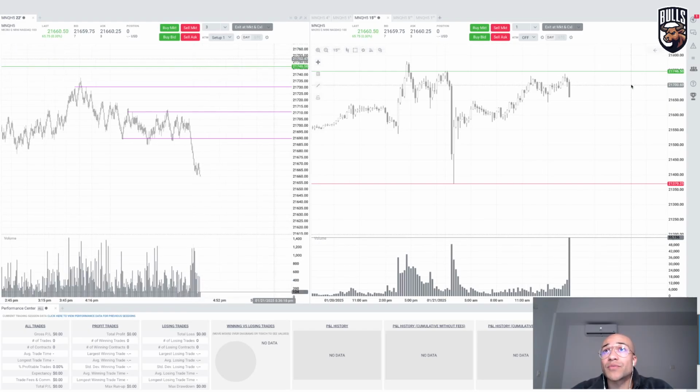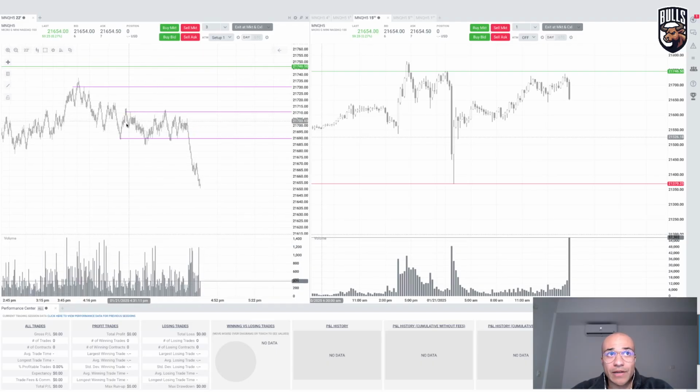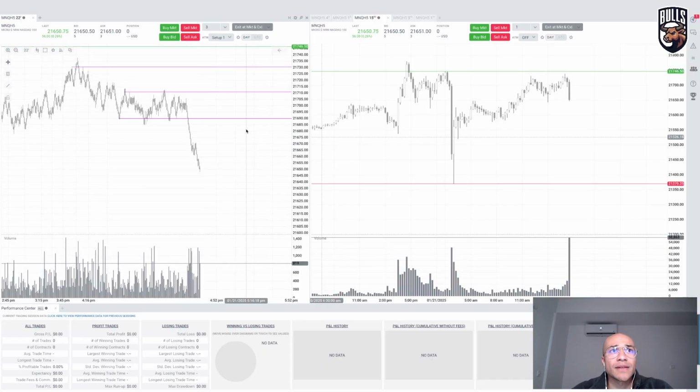Then we have 700, which is obviously an important level, which we clearly rejected here, and we broke down through the 90s into the 50s right now. Let's see where price is going from here.